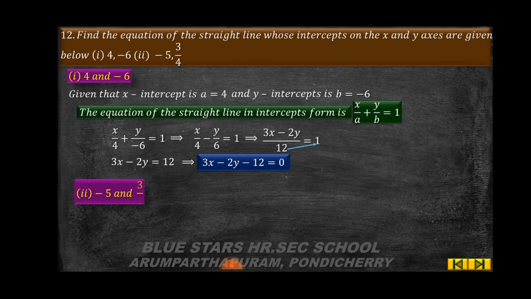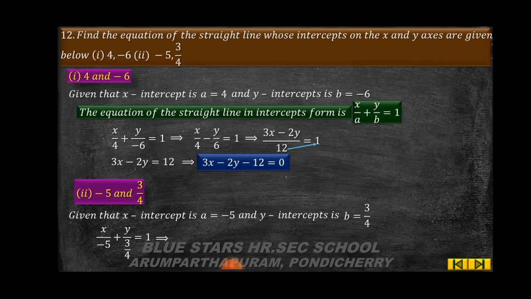Then the second subdivision, minus 5 and 3 by 4. Given that the x-intercept a is equal to minus 5 and the y-intercept b is equal to 3 by 4. So x by minus 5 plus y by 3 by 4 is equal to 1, which implies minus x by 5 plus, we are taking 4 to the numerator, so 4y by 3 is equal to 1. So minus 3x plus 20y divided by 15 is equal to 1.